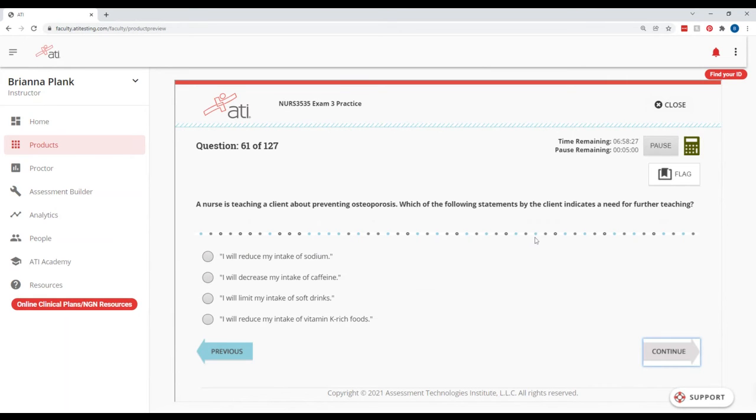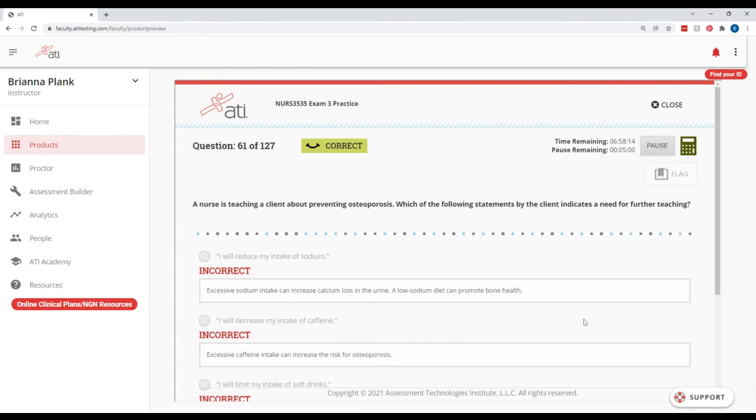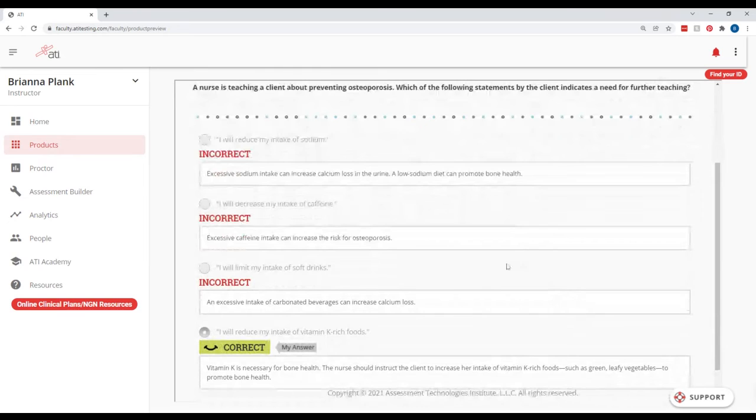Okay, we want to teach about preventing osteoporosis. Which of the following statements by the client indicates need for further teaching? So which of these is not true about preventing osteoporosis? D. And that is correct. So sodium isn't really related to this. Excessive caffeine is a risk factor for osteoporosis.